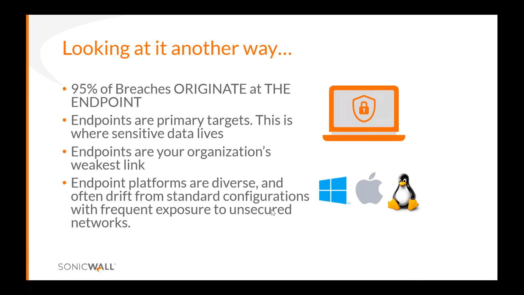Endpoints are primary targets, where sensitive data lives. Once they get in through the endpoint, they try to establish connections with your other critical resources, servers or database servers in the enterprise, through malware propagation and lateral movement.